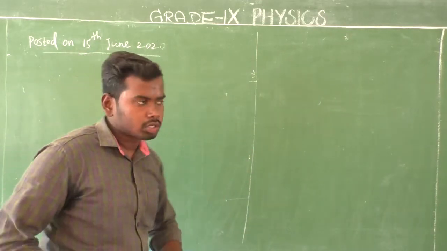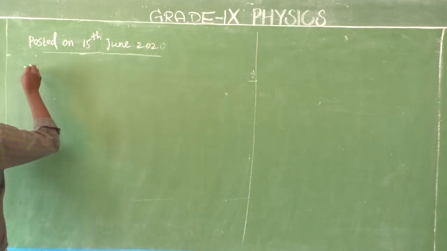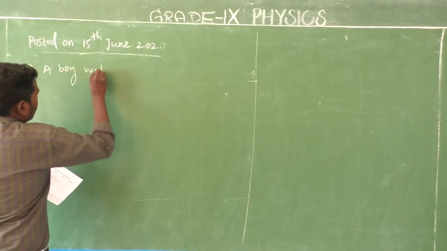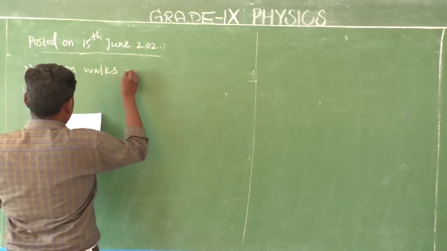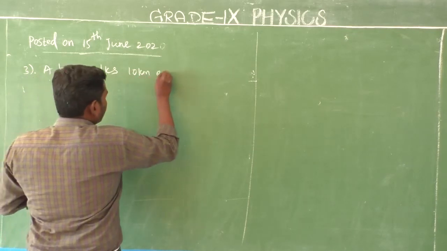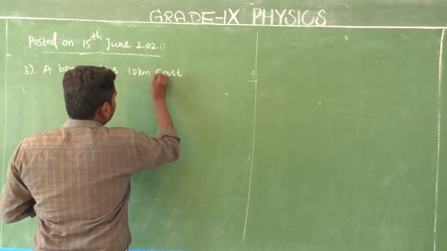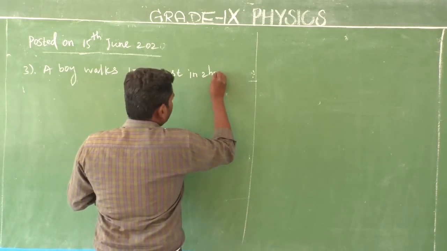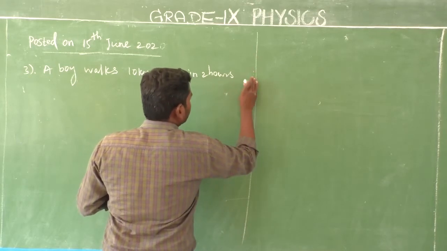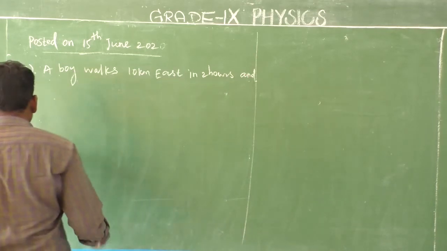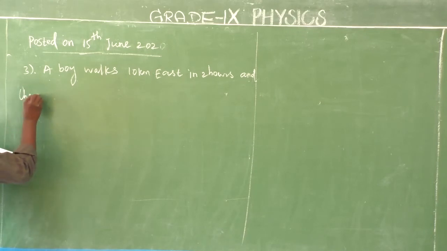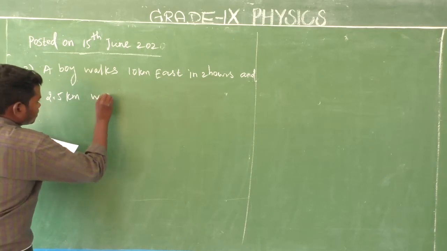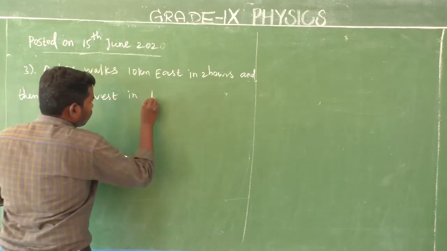So third question, look at here. A boy walks 10 kilometer east in 2 hours, and then 2.5 kilometer west in 1 hour.